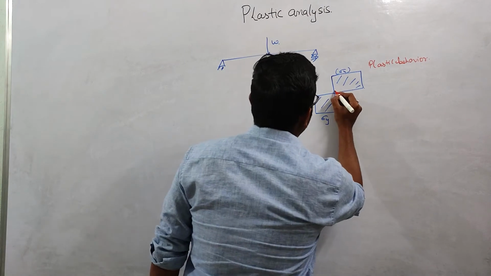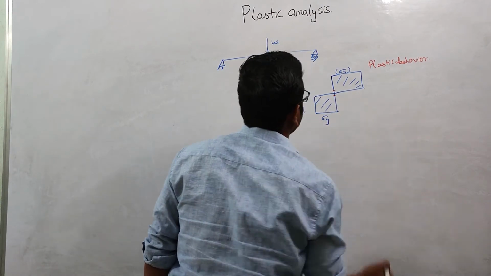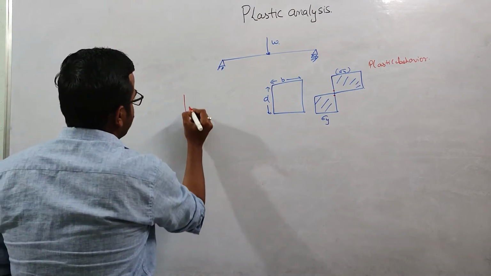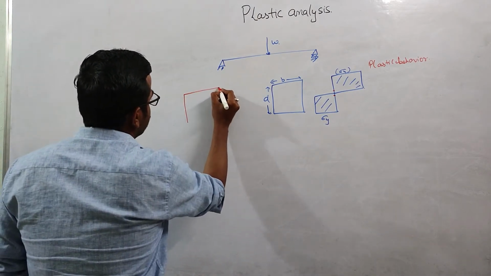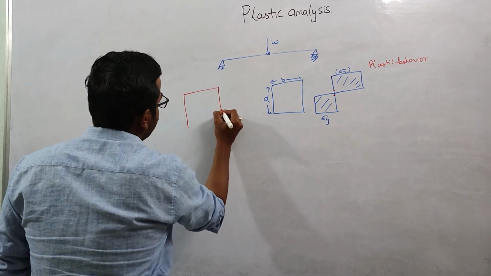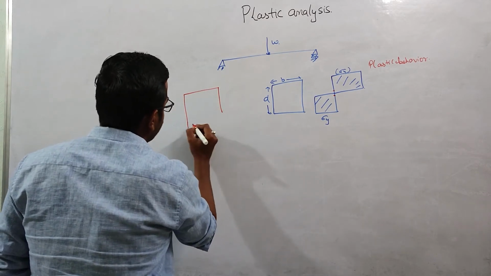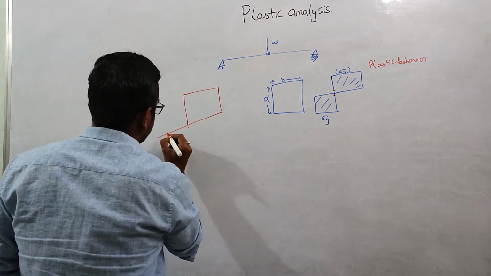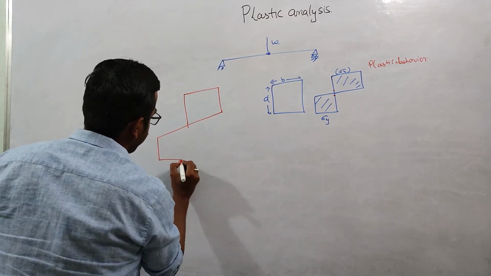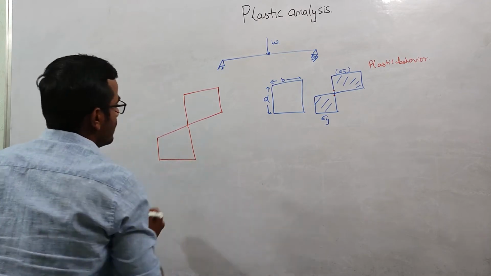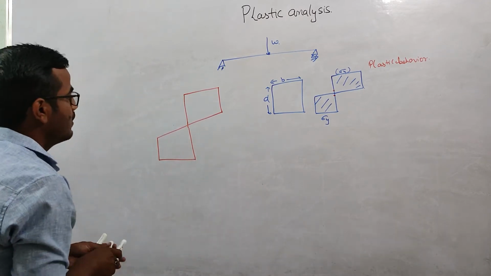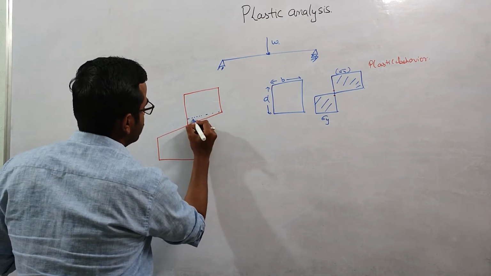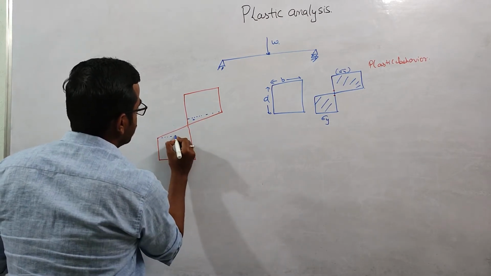There will be some elastic core present in this cross section. What I mean is that in the actual scenario, there will always be some elastic portion in the cross section. You can see from this stress diagram, this portion is our elastic portion.